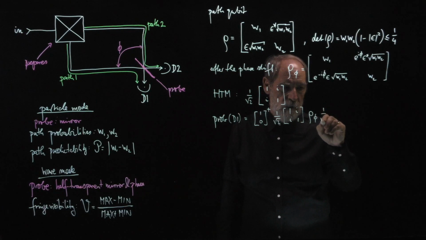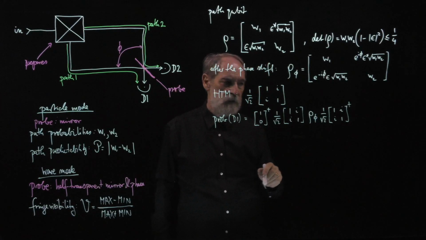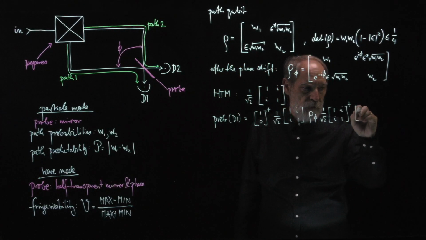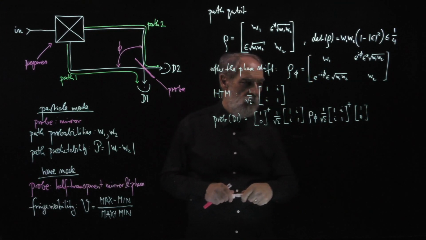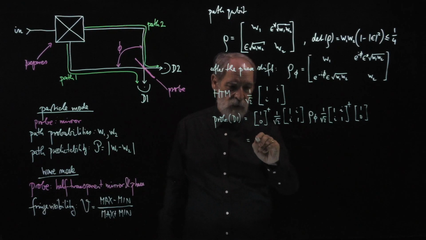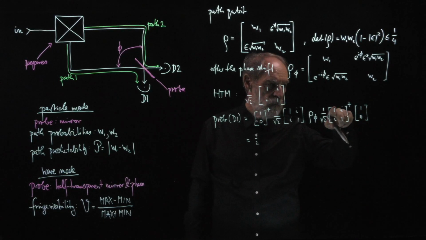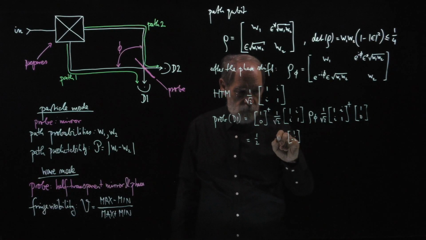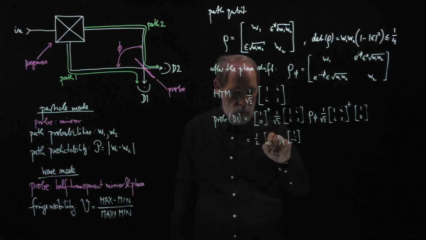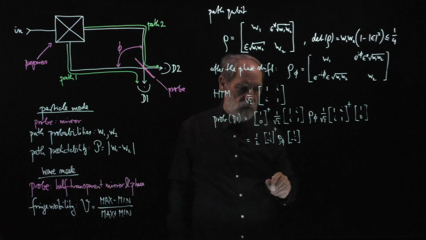And then we have the adjoint of the matrix for the half-transparent mirror. And finally, we have the 1, 0 column for looking at the probability for detector 1. And so this is half. And then if we just look here, this will give us 1 minus i. And here we have rho. And on the left, we get 1 minus i adjoint.